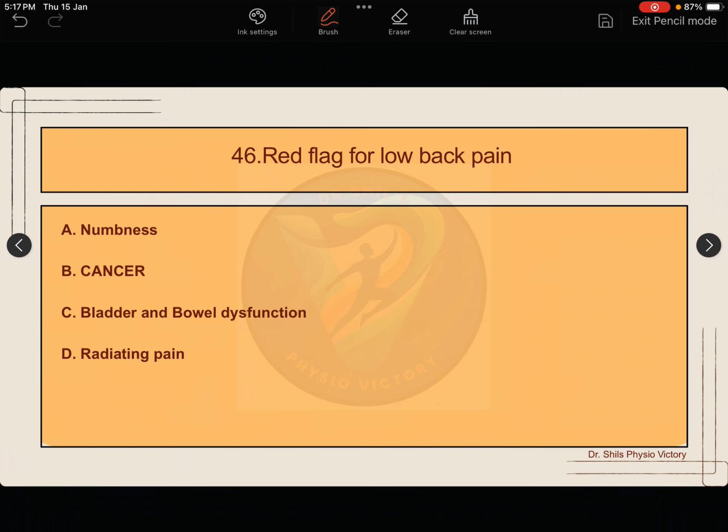Here, the correct answer is option C, bladder bowel dysfunction, because it is due to cauda equina syndrome, and it's an absolute red flag indicating urgent need for imaging or surgery.